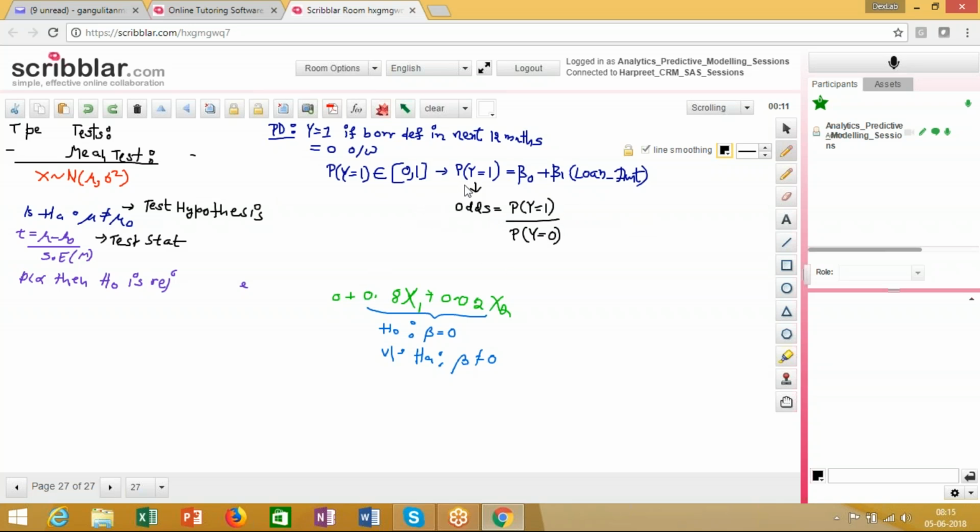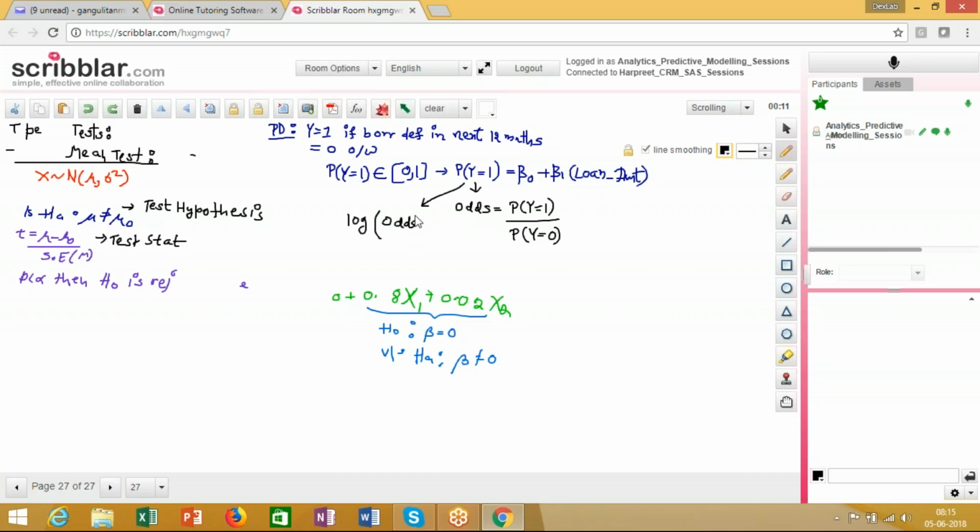So this dependent variable is converted into the log of odds. This log of odds is a continuous variable which takes any value from minus infinity to plus infinity.